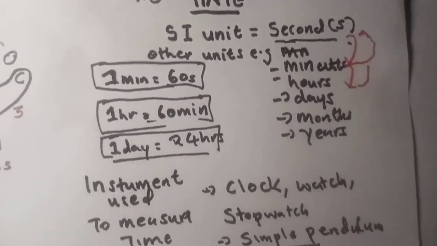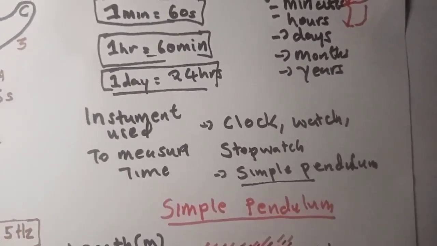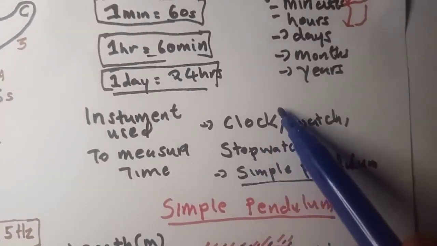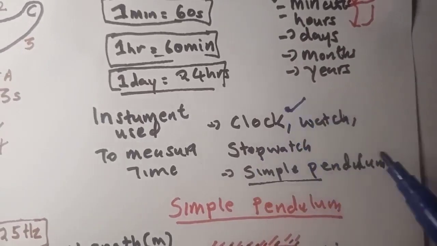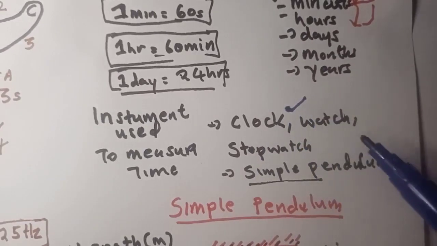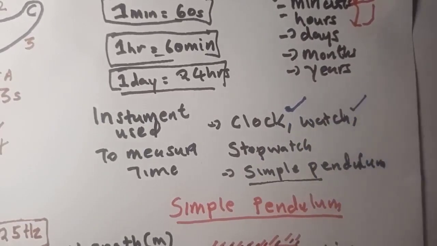The instruments used to measure time include a clock, like those we hang on the wall in our homes, a wristwatch, and a stopwatch, which is mostly used in laboratories.